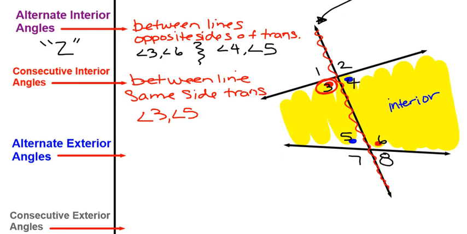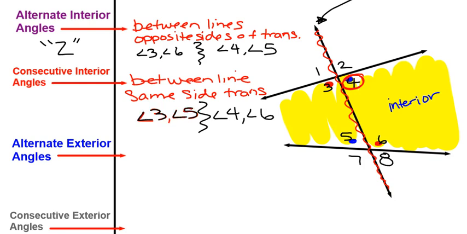Then if I took my little circle and put it over on the 4, what would be consecutive interior to angle 4? Well, that would be angle 6 on the bottom. Those are both on the right-hand side, and they are on the interior. Those are my consecutive interior angles.